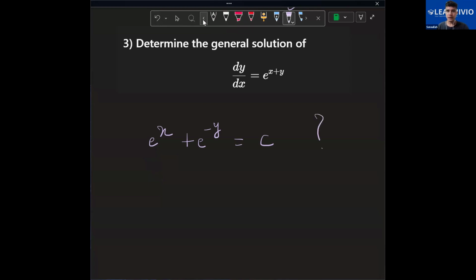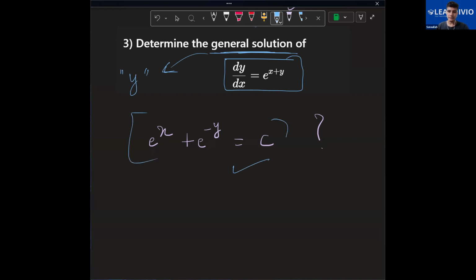Okay, see one thing: when you are asked for the general solution, what is the general solution of this differential equation? It must be y. This equation is right, this is accurate, but you have to do one more step, that is, find the value of y.